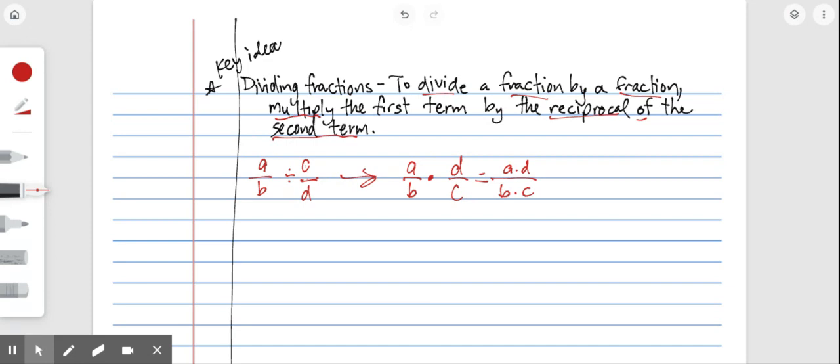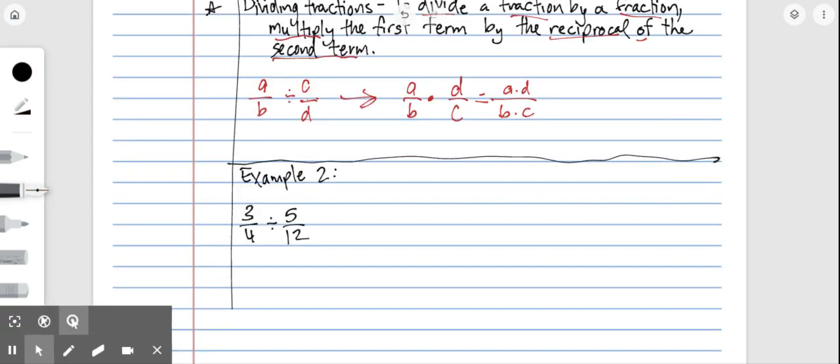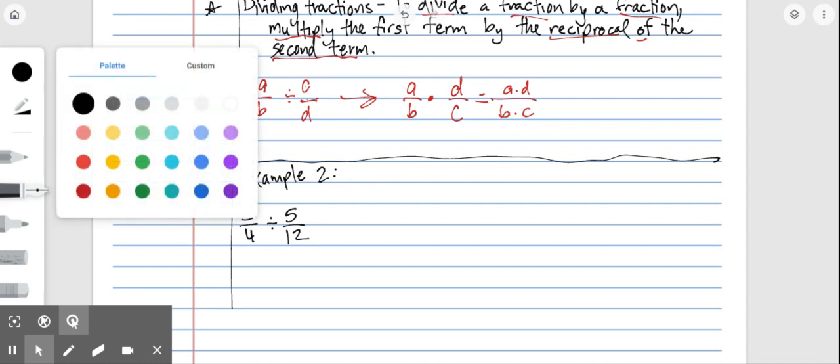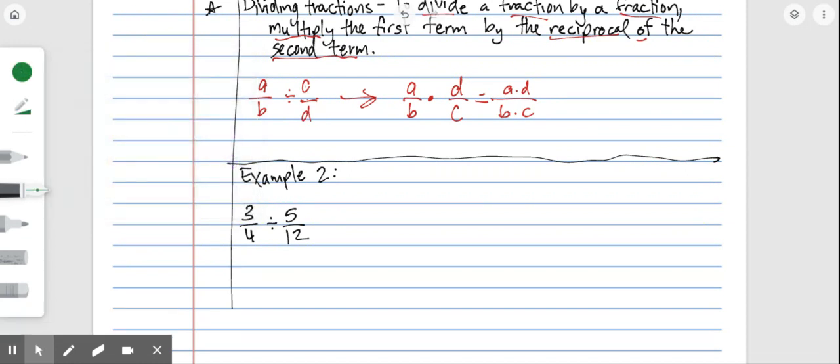So let's do an example of it. For our first example of dividing fractions, we're going to have 3/4 divided by 5/12. So I'm going to take the steps from the last one. I keep the first fraction the same. So keep the first term, 3/4. And then I multiply by the inverse of the second one.